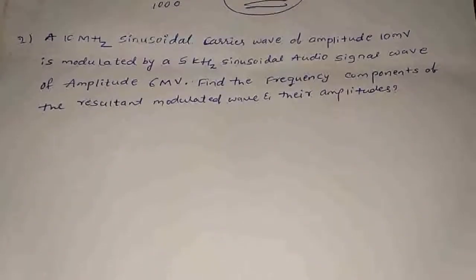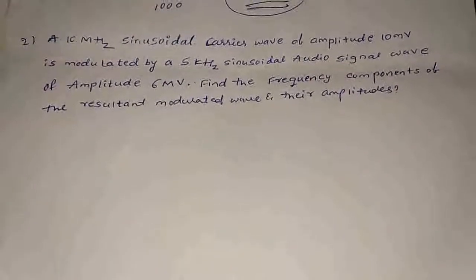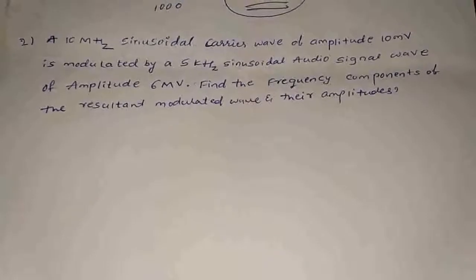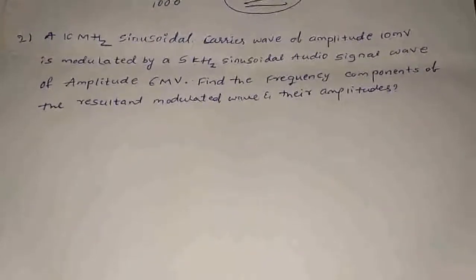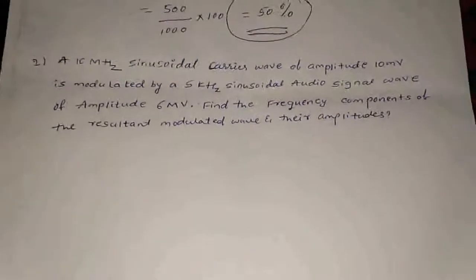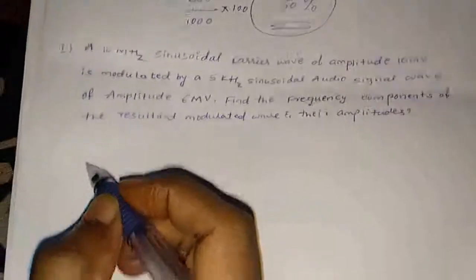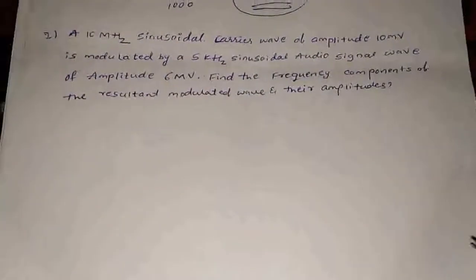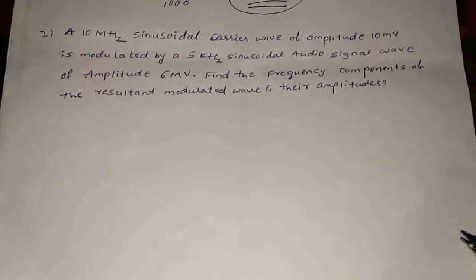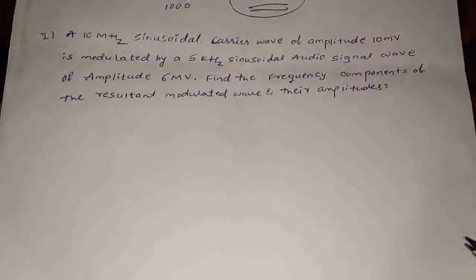Find the frequency components of the resultant modulated carrier wave and their amplitudes. So first we see what is given. We have to find the LSB and USB and the amplitudes of the lower sideband and upper sideband frequencies.